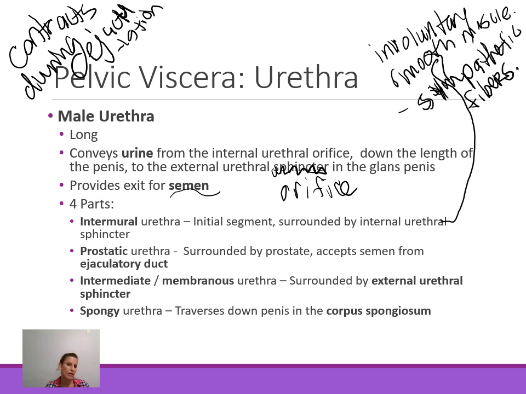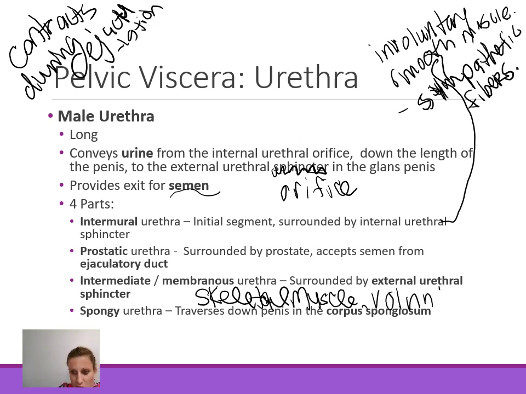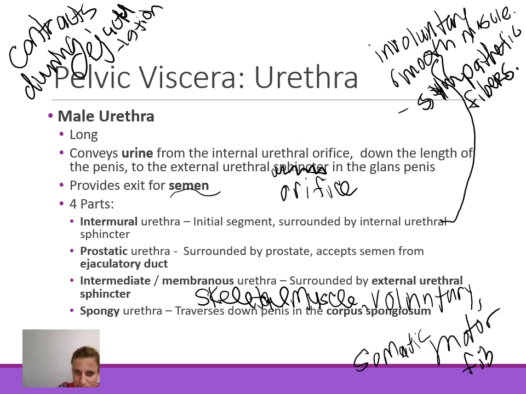The intermediate or membranous urethra is the third segment. This is the section that's surrounded by the external urethral sphincter. The external urethral sphincter is skeletal muscle, which is voluntary. We consciously control it, and it's innervated by somatic motor fibers.